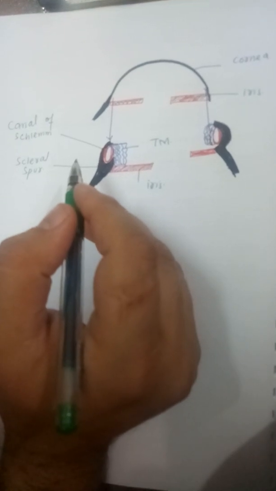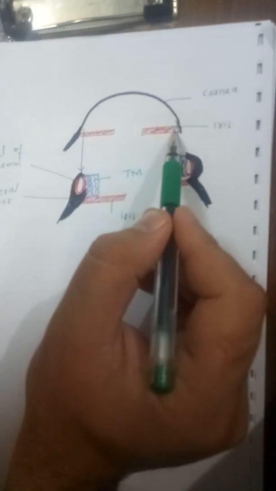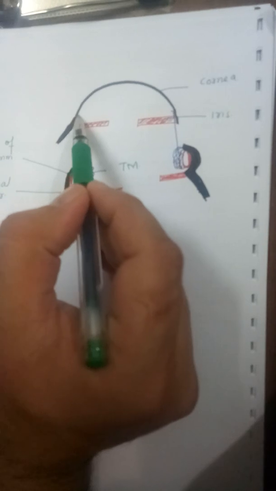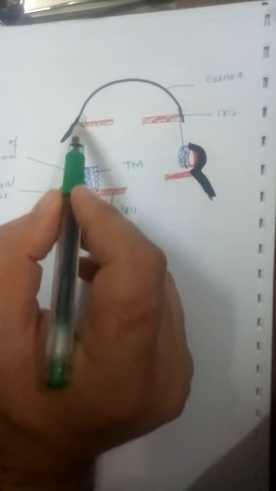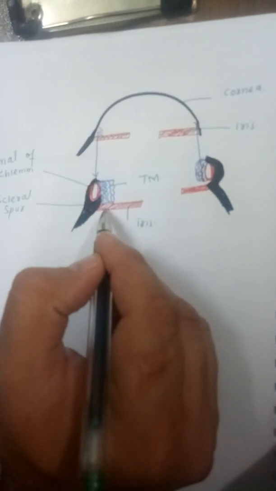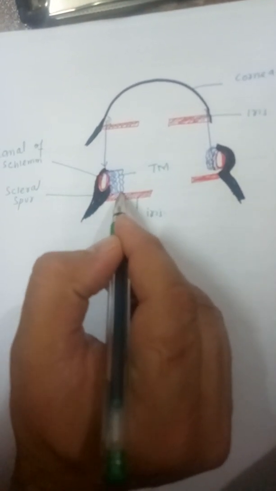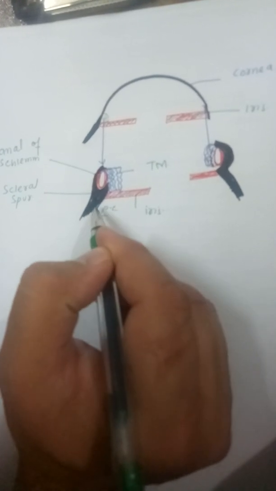So we are discussing the aqueous dynamics. Let's suppose, come here, and this is the cornea, this is the iris, and this space is called the anterior chamber angle, which you already explained. So I'm zooming in on this area here. This is the iris. Below the iris is the posterior chamber.